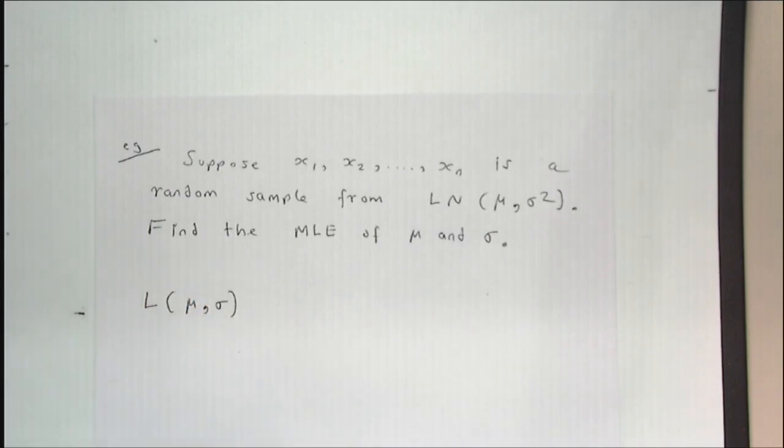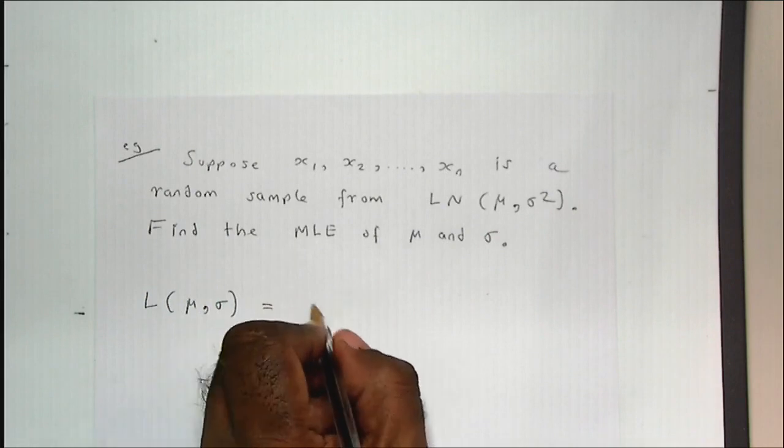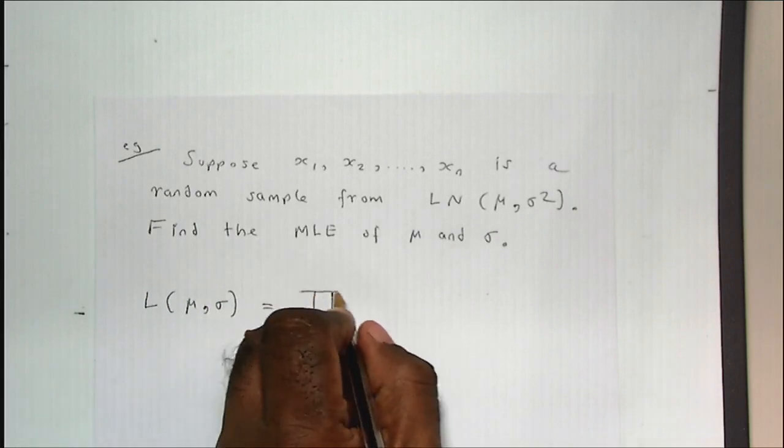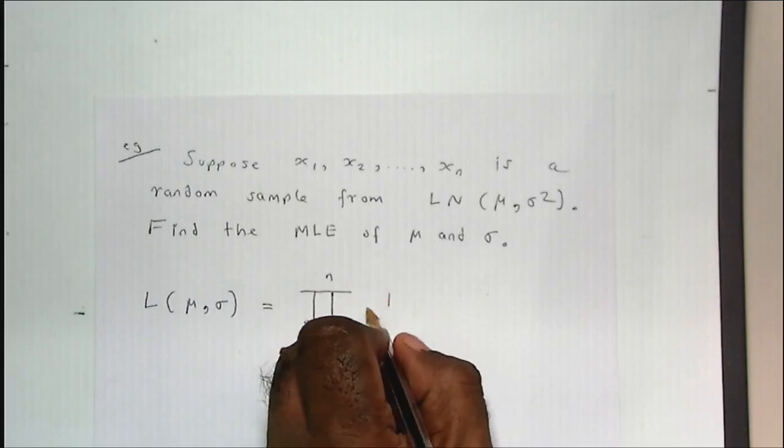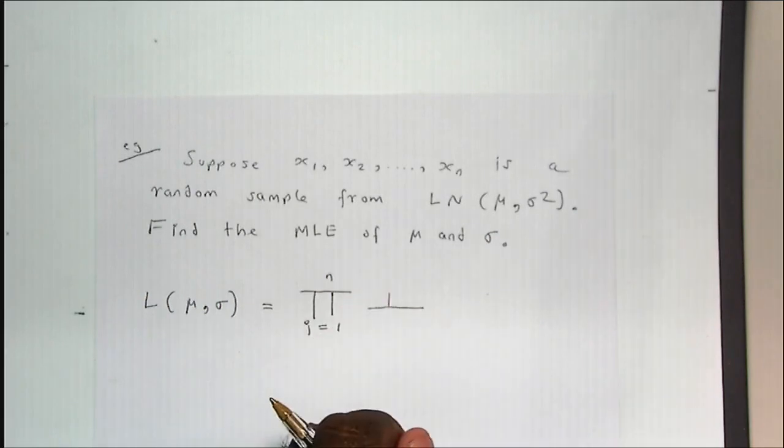So the first thing to do is to write down the likelihood function, which is... do you guys remember the density function of the log normal?